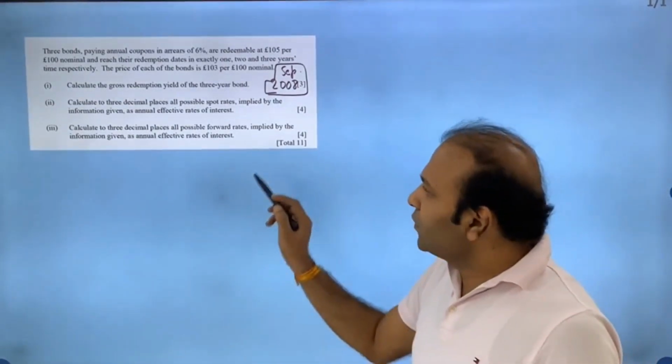So class, what's the question? Three bonds paying annual coupon of 6% per annum are redeemable at 105 per 100 nominal.